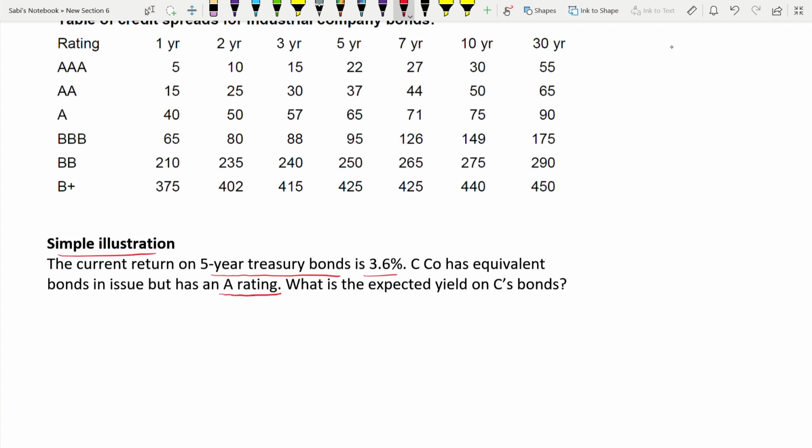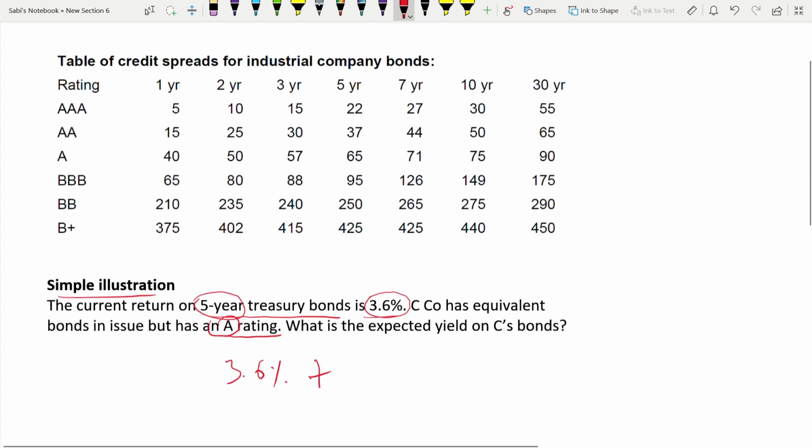So what are you supposed to do? Simply add this with the credit rating from the table: 3.6% plus the A rating for 5-year. So you need to go to the table, go to the rating first, go to 5-year first, and it's 65, and this is known as basis points. Okay, 65 basis points.